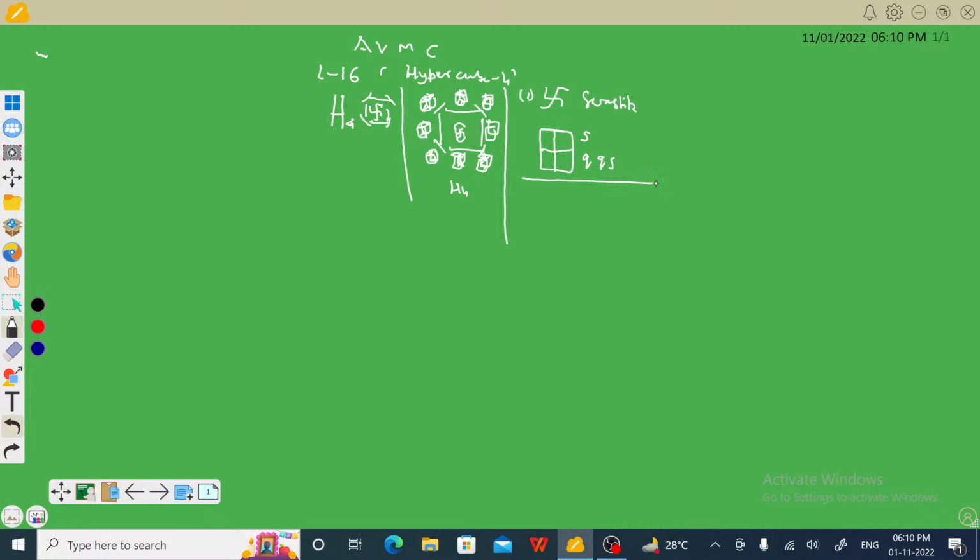Means 2 space is playing the role of dimension, or we can say the dimension 4 is 2.